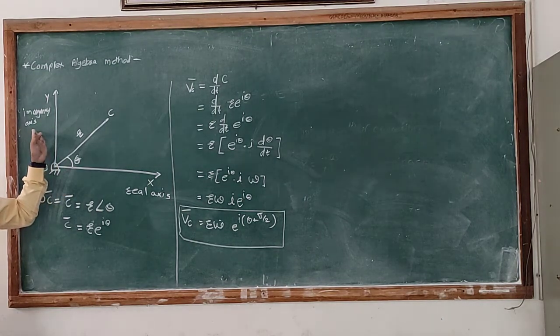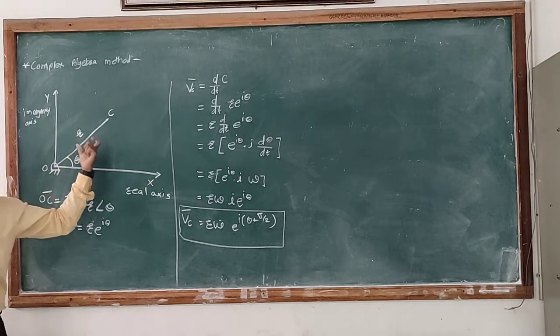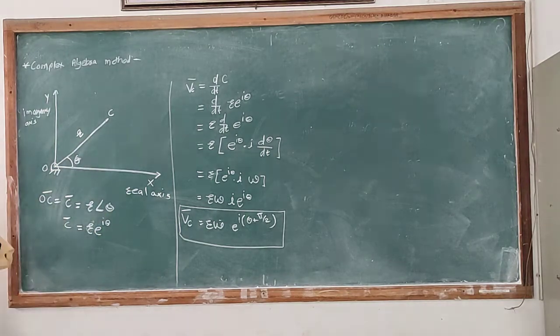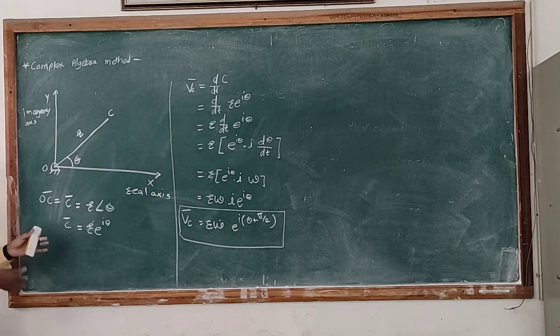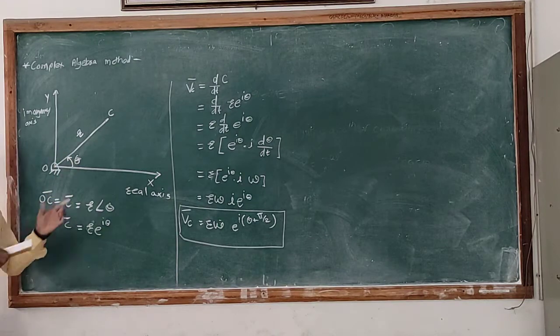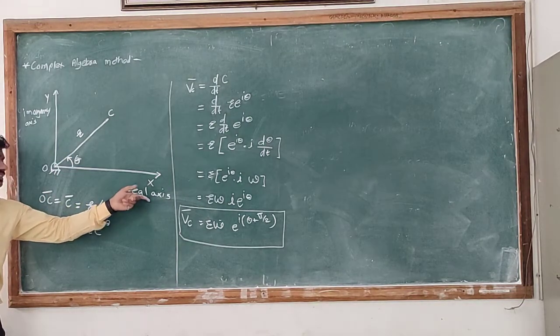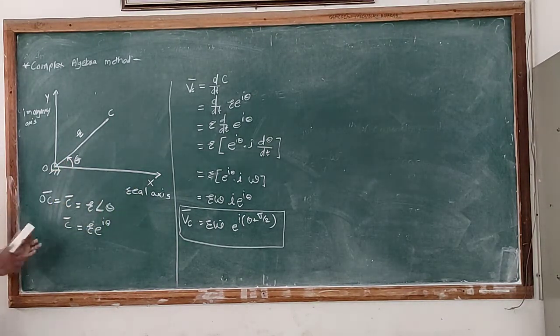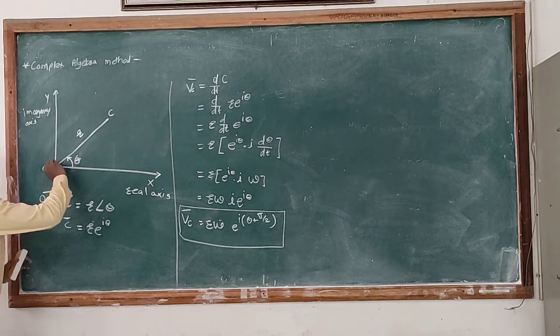away from the position vector, but in which direction is it 90 degrees? As we are measuring this theta with respect to the x or real axis, the velocity vector is 90 degrees ahead of the position vector.